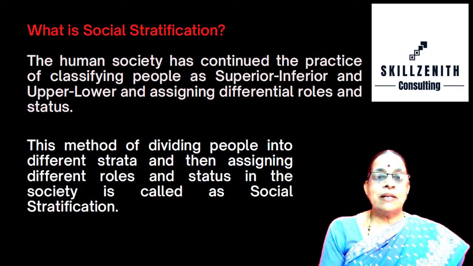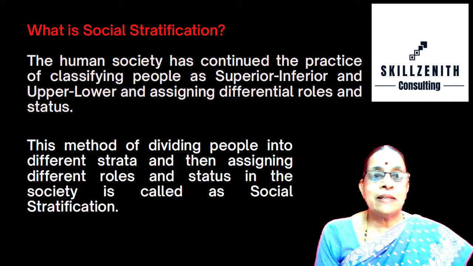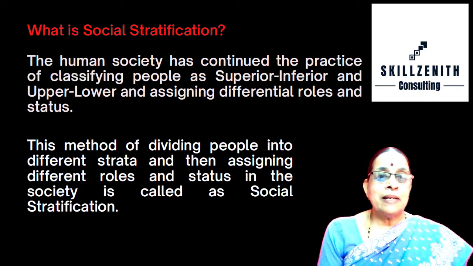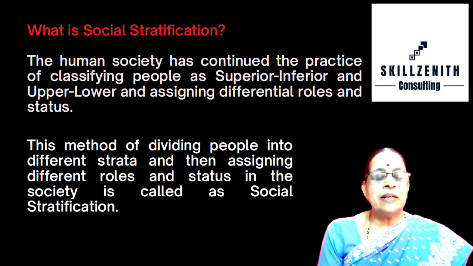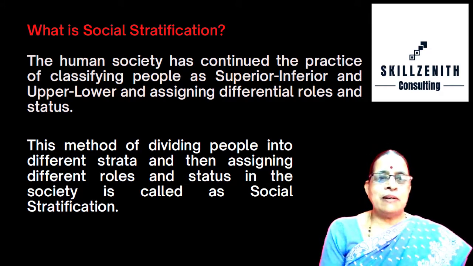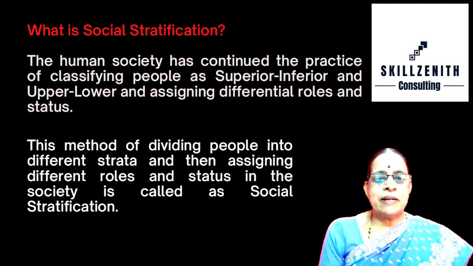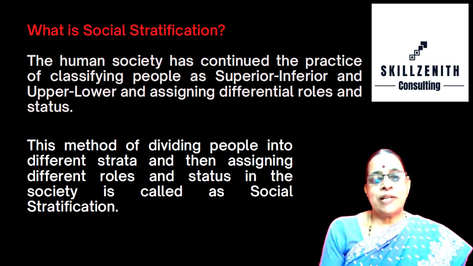ಹಂತ ಹಂತವಾಗಿ ಶ್ರೇಣಿ ಅಂತ ಹೇಳ್ತಾರೆ, ಹಂತ ಅಂತ ಹೇಳ್ತಾರೆ. ಮೇಲಿನ ಹಂತ, ಕೆಳಗಿನ ಹಂತ ಅಂದ್ರೆ there are people in the society who are occupying upper strata as well as lower strata, and some are in the middle strata also. This method of dividing people into different strata and then assigning different roles and status in the society is called social stratification.